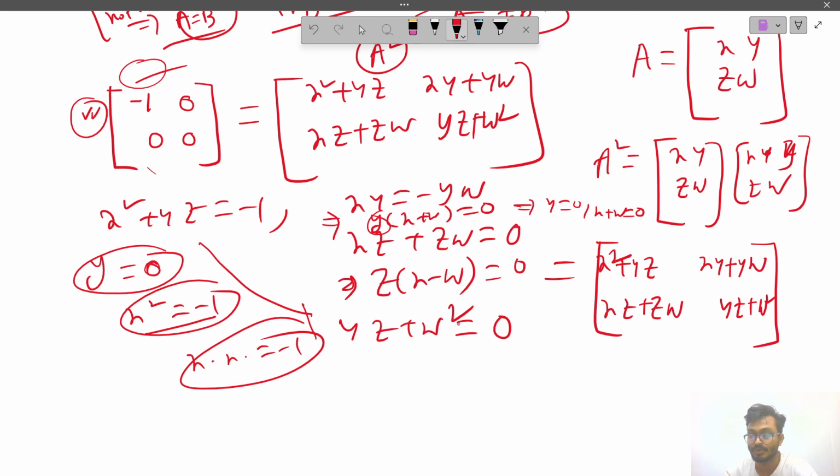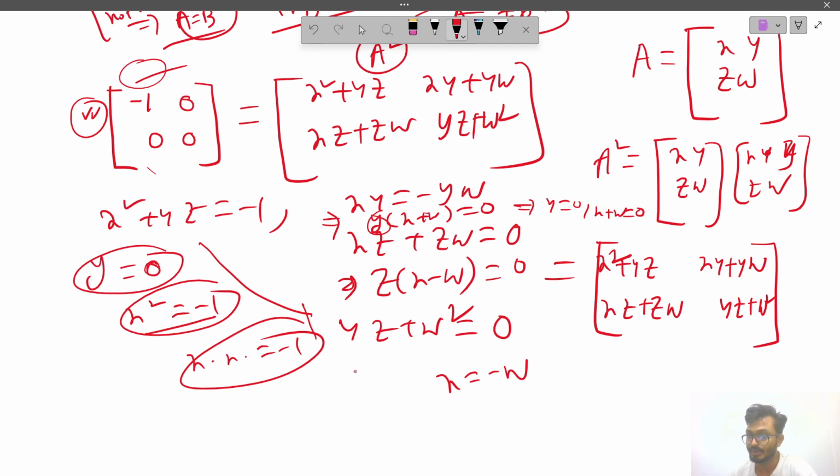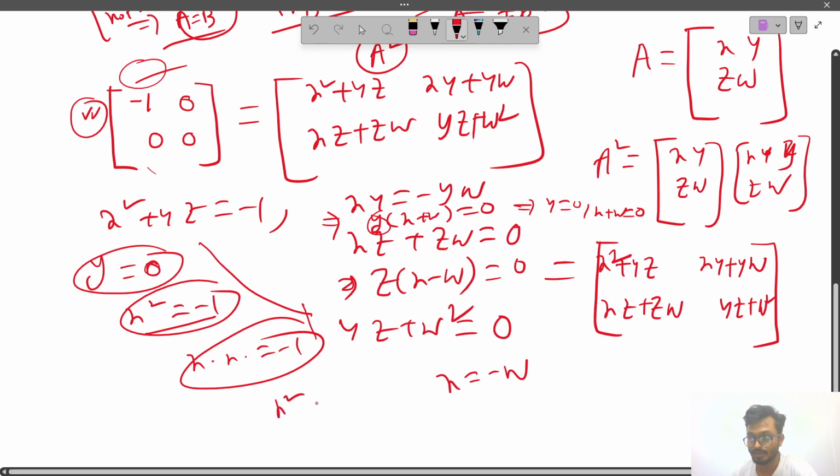And if we take x equals minus w, then x square plus yz equals minus 1.